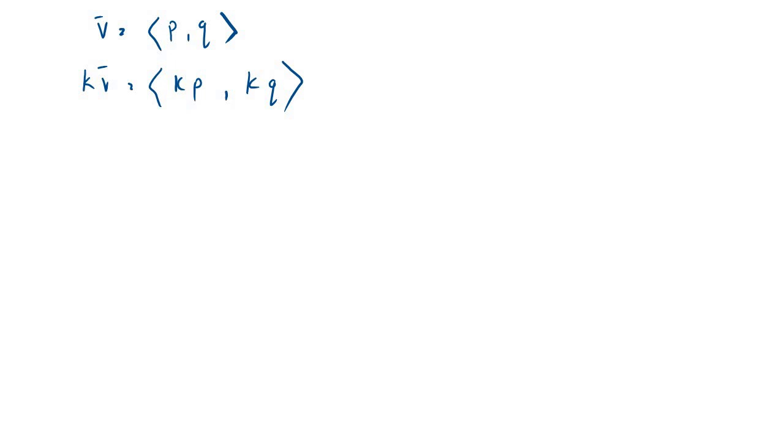Similarly, if you add these two vectors, if you say I want to see what vector V plus KV would be represented by, it would be P plus KP, Q plus KQ.